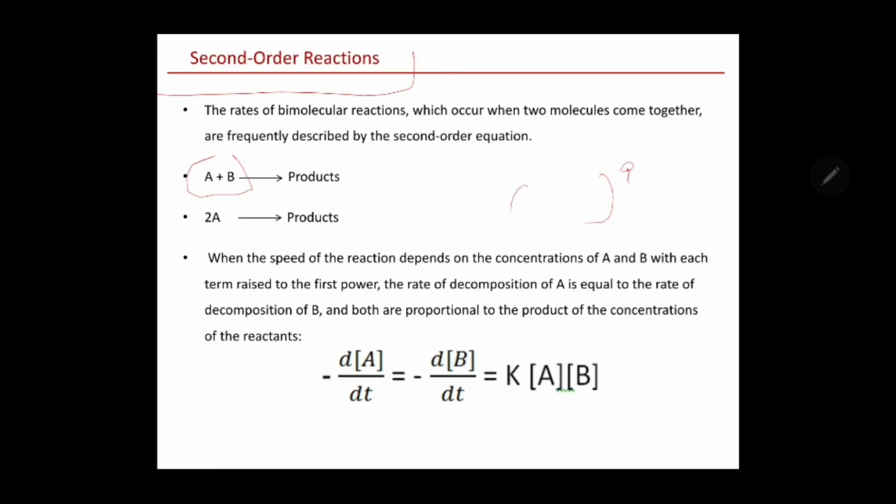What about second order reactions? When we have more than one reactant, the exponent within the reaction that we talked about before will be 2, so we call it a second order reaction. These reactions are very rare. Why? Because usually when we talk about order of reactions, we talk about the elementary reactions.